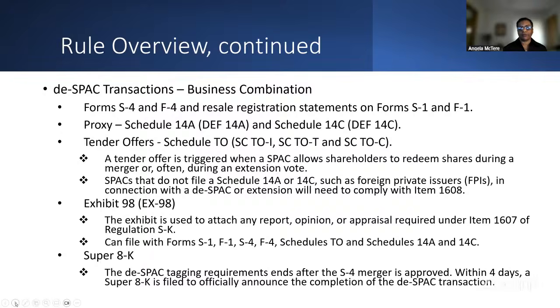So the Super 8-K could include several documents. Once the Super 8-K is filed, and it is filed within 4 days of completion of the SPAC, then the tagging requirements for those enhanced prospectus items go away.